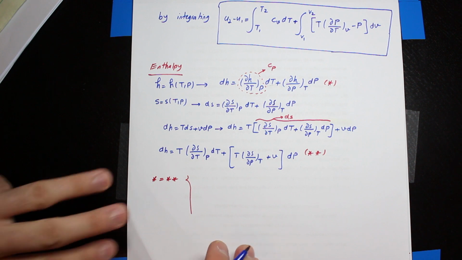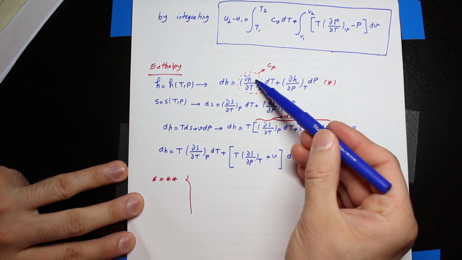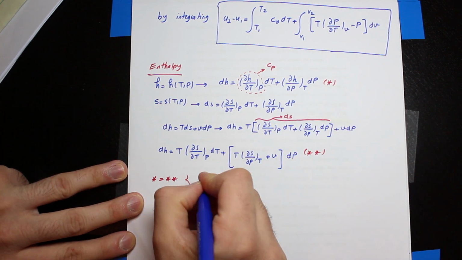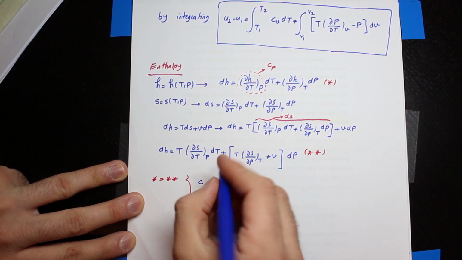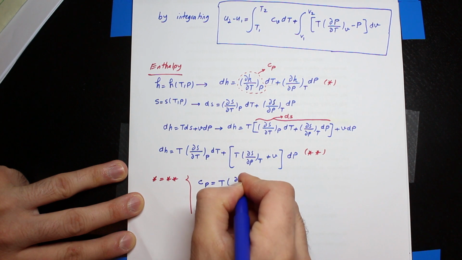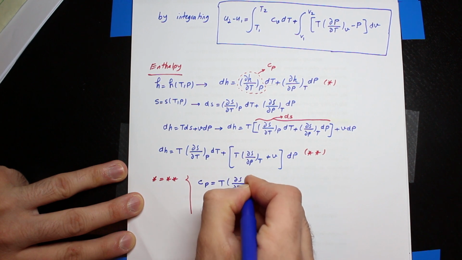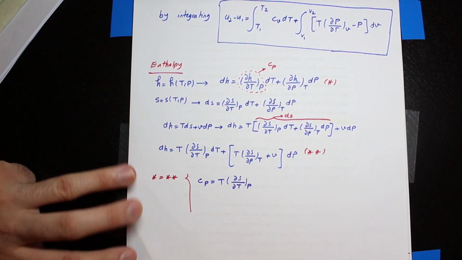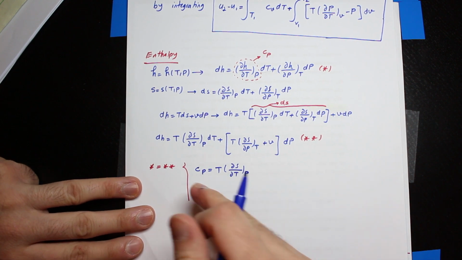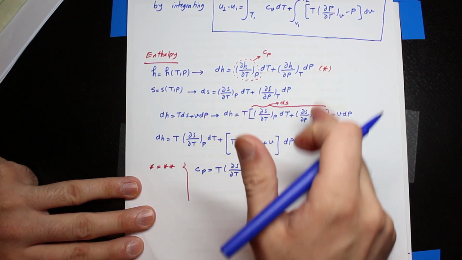The first conclusion is the coefficient of dT here is equal to the coefficient of dT here, which is Cp equal to T partial S partial T for constant pressure. That is one of the conclusions.